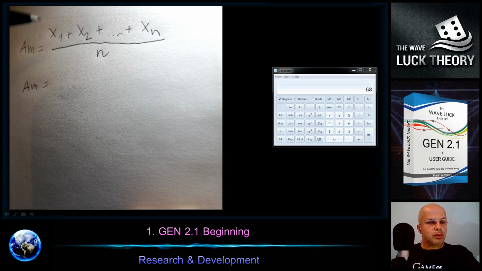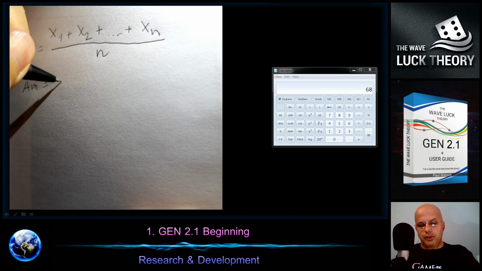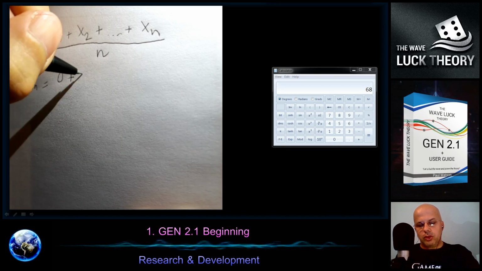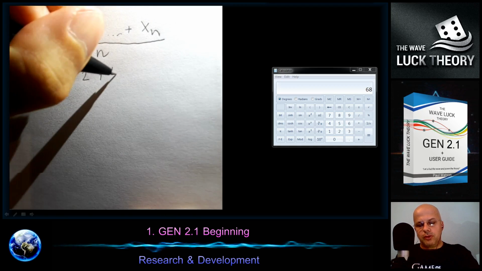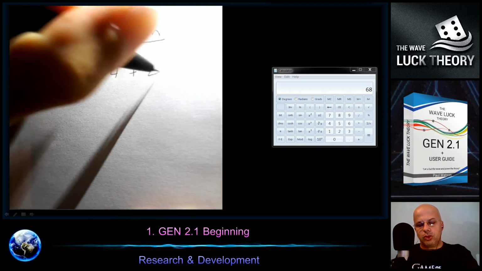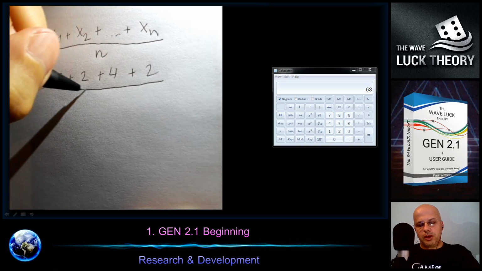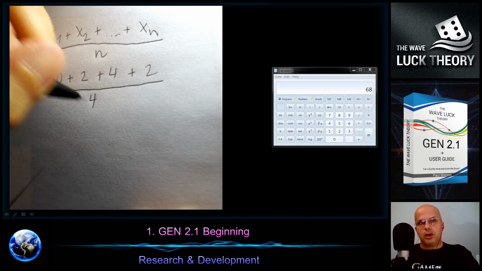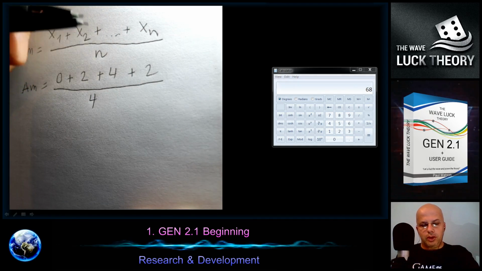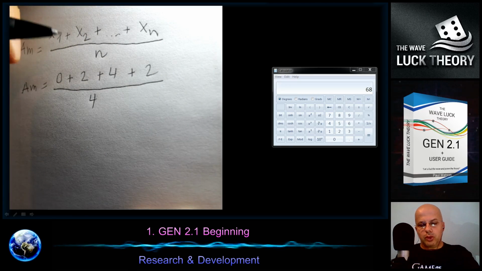So we put, for example, 0 plus 2 plus 4 plus 2, and we will divide it by 4, which is the number of the previous draws.